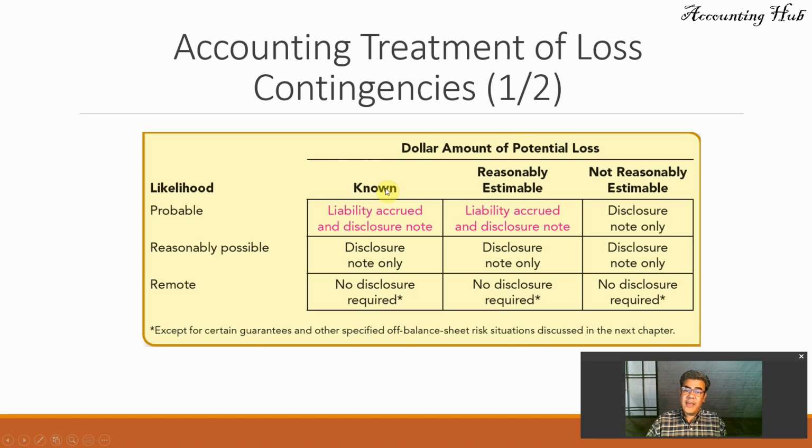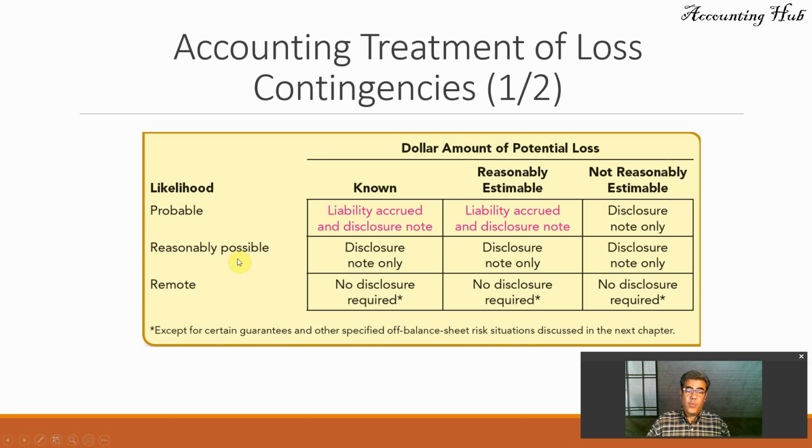If the amount of money is not known yet, but it is reasonably estimable, the same: we create a liability and a disclosure. However, if we will lose money but we are not able to tell how much, then we only disclose it.